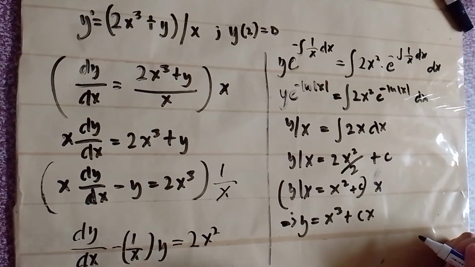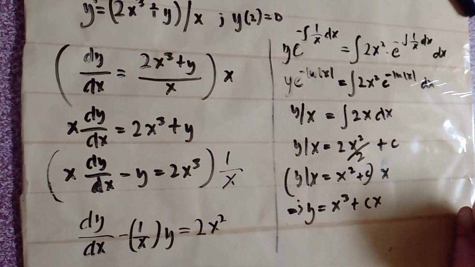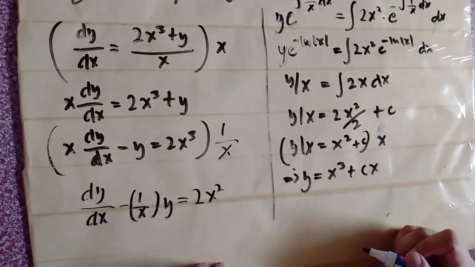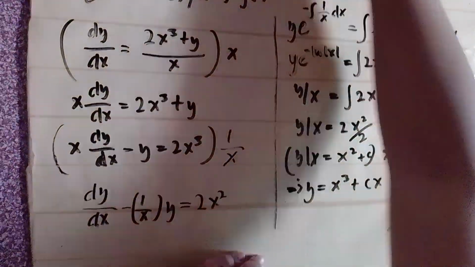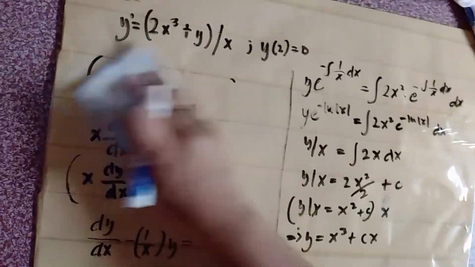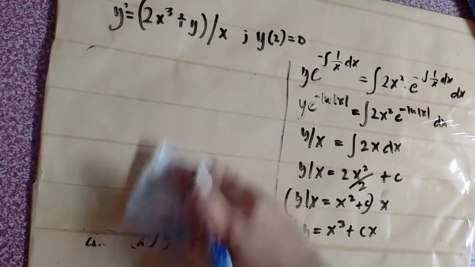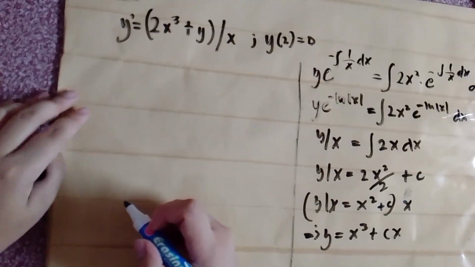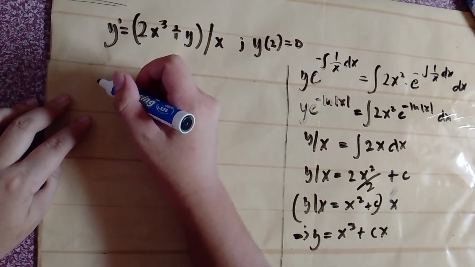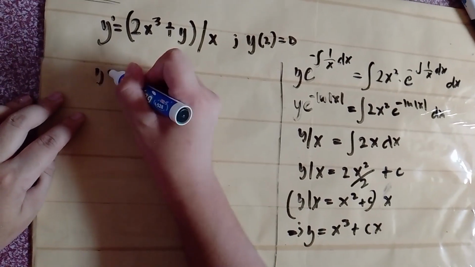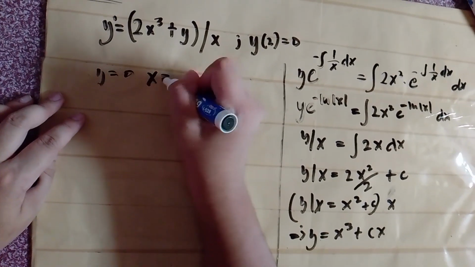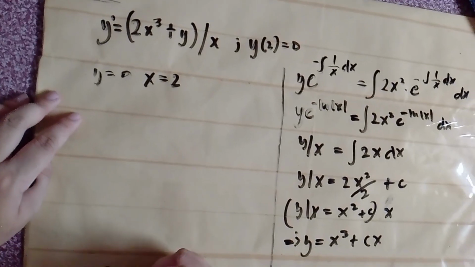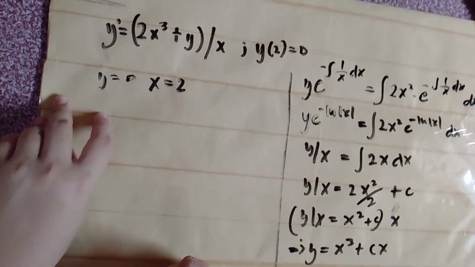Alright. So we have our condition. Let's erase this on the side. We have our condition that y of 2 is equal to 0. So our y is simply 0, and for x we have 2. Let's substitute the values of y and x.